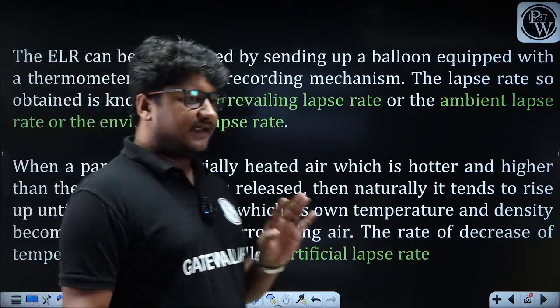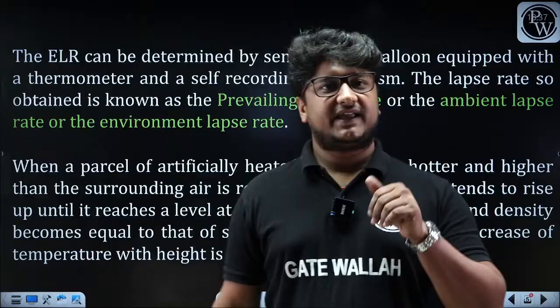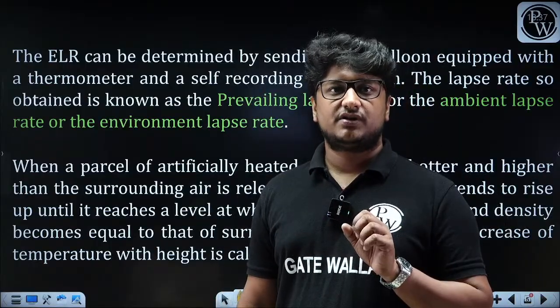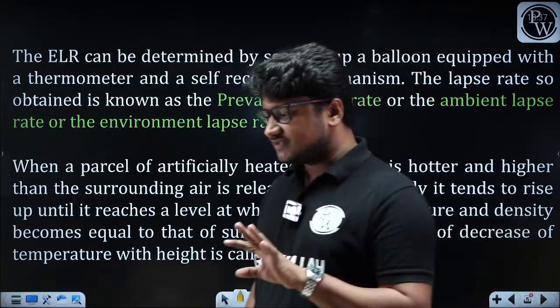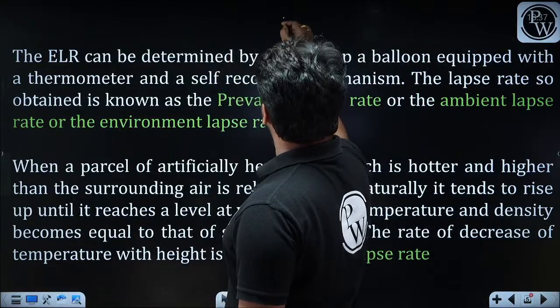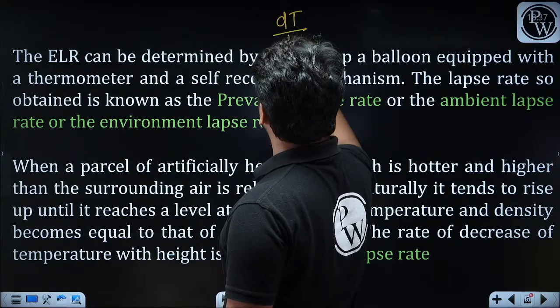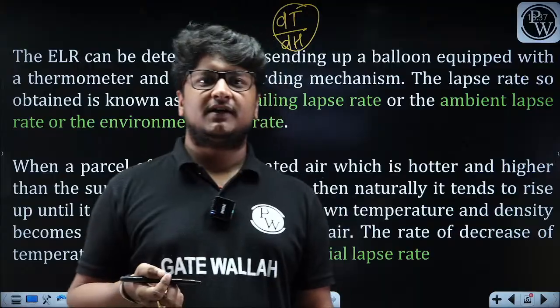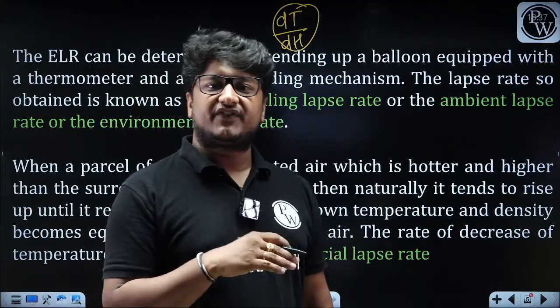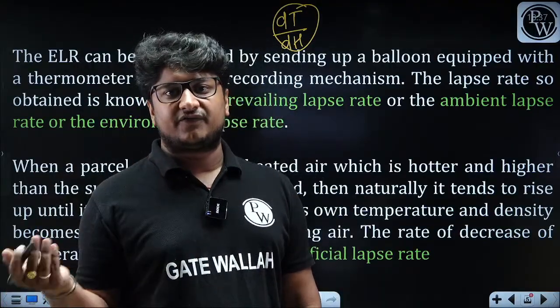So this environmental lapse rate can change based on the situation. For example, if you change the location, the environmental lapse rate will change, because dT upon dH, the change in temperature with height, depends on the environment. Kolkata's environment will be different from Mumbai. Mumbai's environment will be different from Delhi.